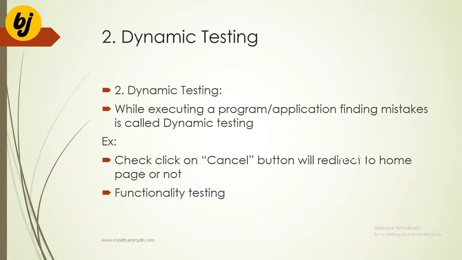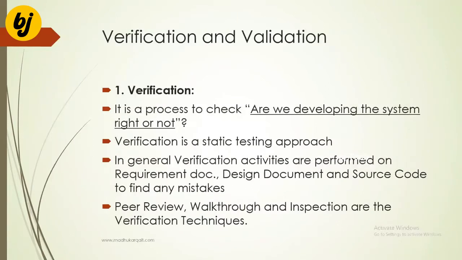From an interview point of view, very commonly they ask what is the difference between static testing and dynamic testing. In the same way, they ask to explain the difference between verification and validation. So when you talk about verification and validation, the simple way to remember is the V model diagram, which I explained in the previous recorded session.